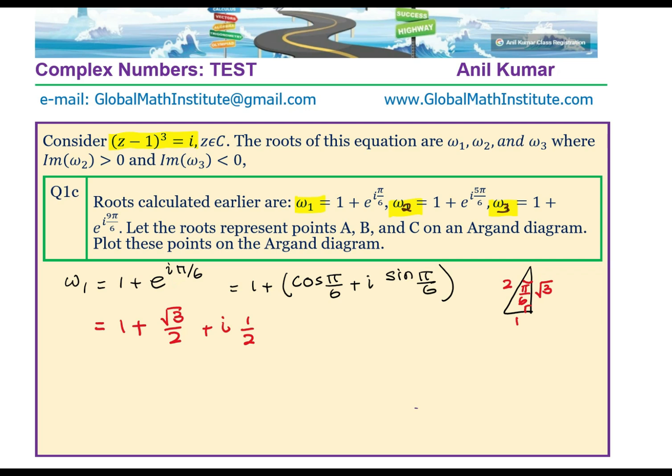You can use a calculator to figure out approximately how much this is. So let's add 1 plus square root 3 by 2 and see the decimal value.